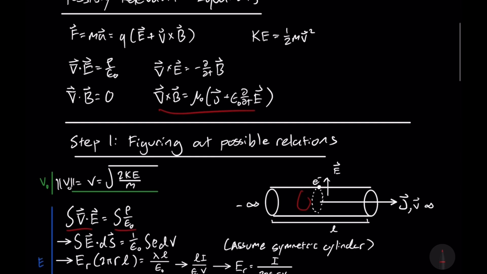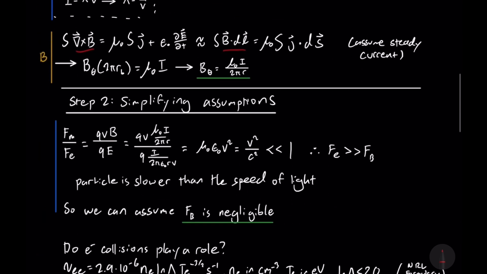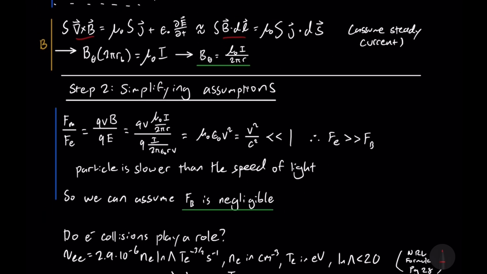We just want to find the qE for the F. Why can we assume that? Well, as we show here, if the magnetic force over the electric force is very small, then we can say the electric force is dominant, and it is the only, quote unquote, force acting on the electron.